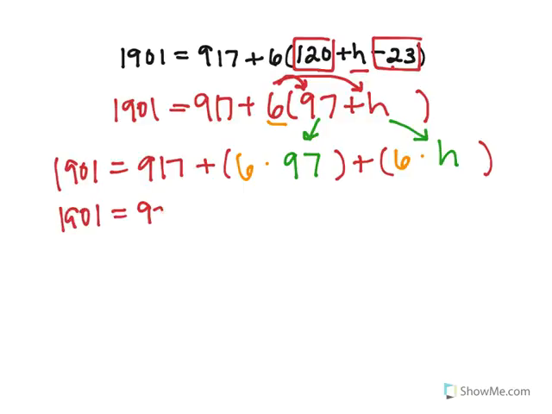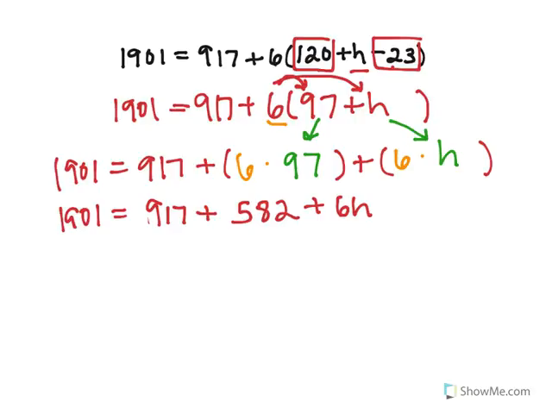So we end up with 1901 equals 917 plus 6 times 97, which is 582, plus 6h. After we distribute, we need to combine like terms.